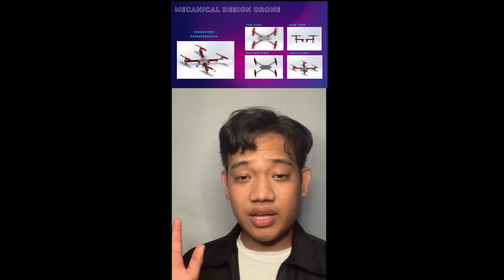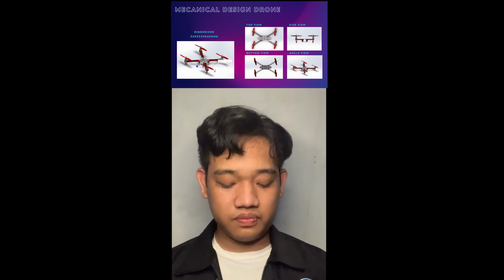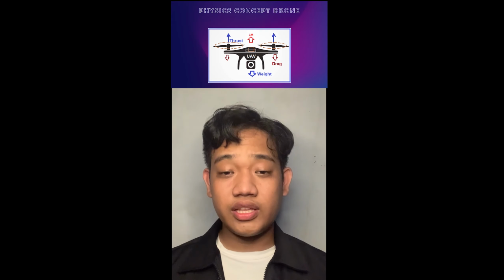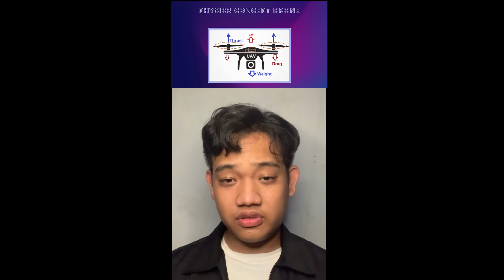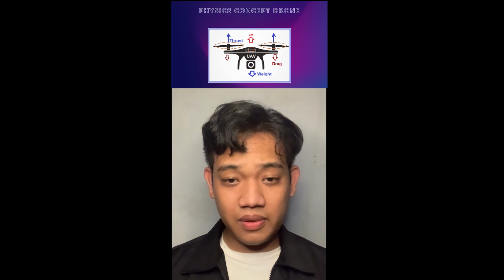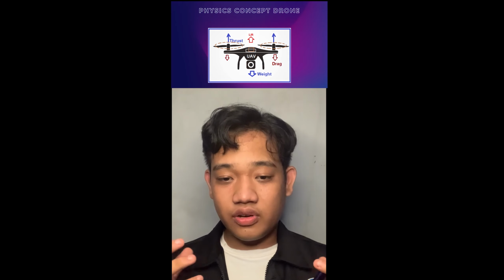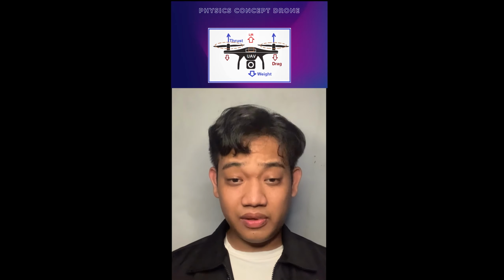Next, this is the mechanical design of our drone. Next is the basic concept of the drone. We use a weight at the bottom of it, and we use 4 propellers to lift it up, and the weight is just for stabilizing, so it can move stably.